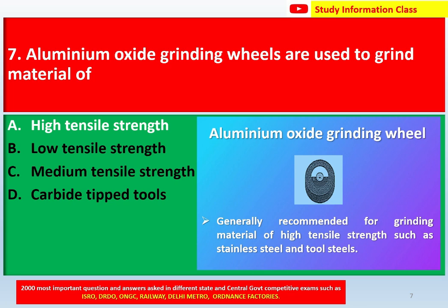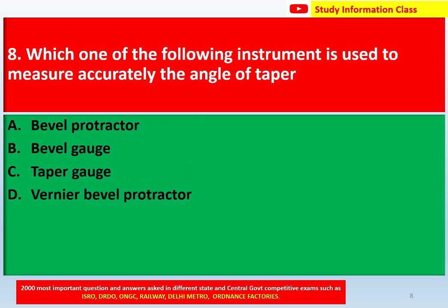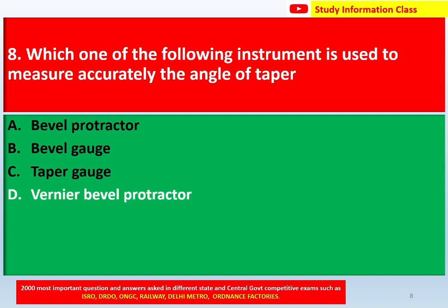So next question, which one of the following instrument is used to measure accurately the angle of taper? Option: bevel protector, bevel gauge, taper gauge, Vernier bevel protector. The correct answer is Vernier bevel protector.